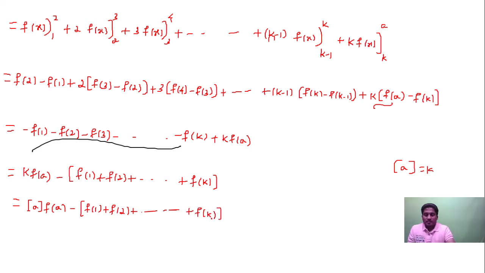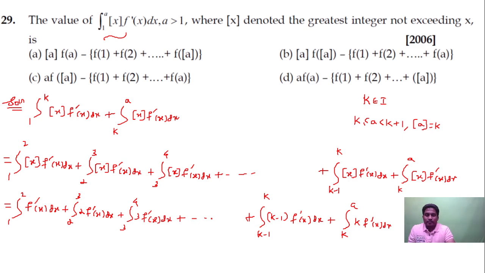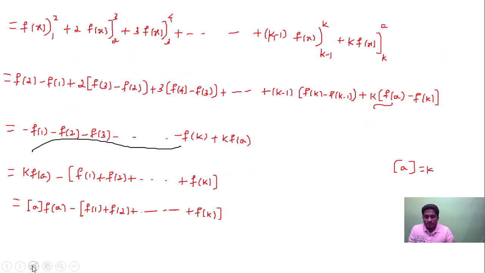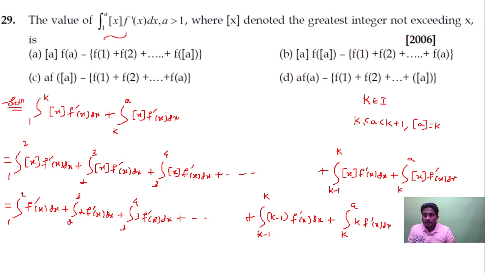That's the answer, guys. So you get box a into f of a minus f of 1, f of 2, f of 3, and so on, where k is equal to box of a. So you get the first option only.